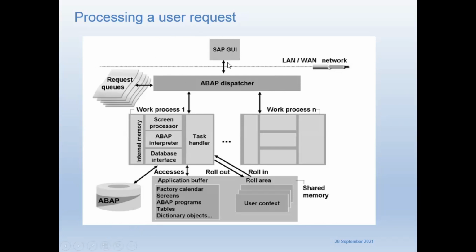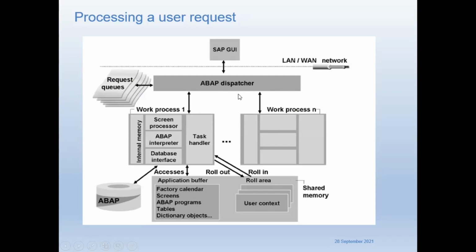Let us take, in your organization, we have 1,000 employees, and 1,000 employees are trying to connect to the system right away. So those 1,000 requests will be sent to the dispatcher, and all the requests will wait in the dispatcher queue. From the queue, whenever the dispatcher confirms there is a work process free, work process 1 is free, work process 2 is free, work process 3 is free, or if work process 1 is busy, the request goes to work process 2.